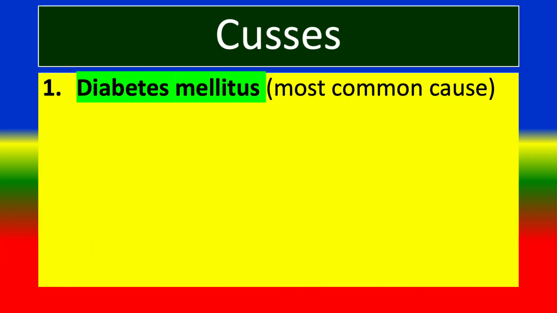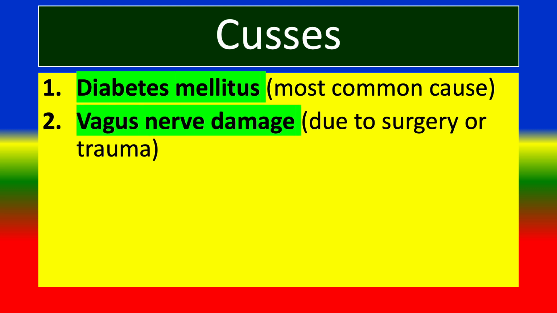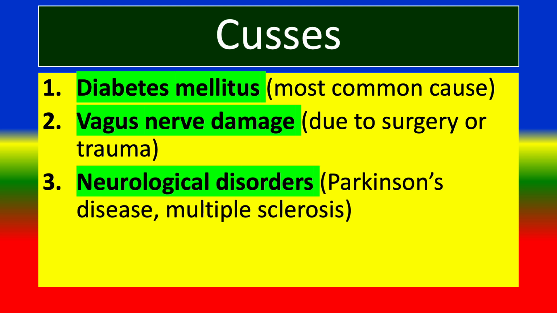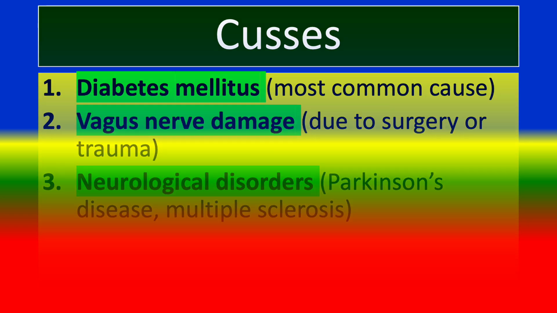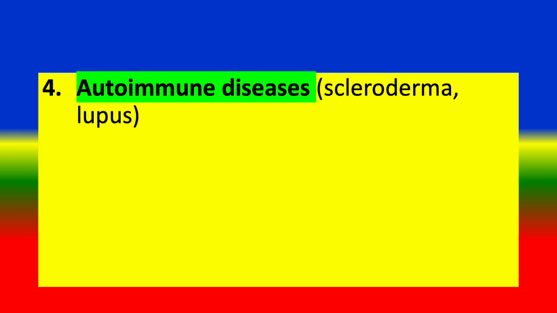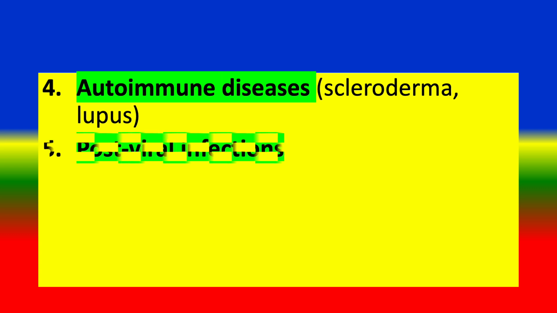Causes. 1. Diabetes mellitus, the most common cause. 2. Vagus nerve damage due to surgery or trauma. 3. Neurological disorders, Parkinson's disease, multiple sclerosis. 4. Autoimmune diseases, scleroderma, lupus. 5.